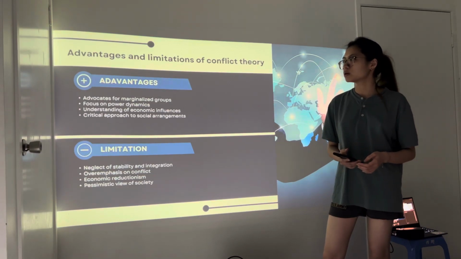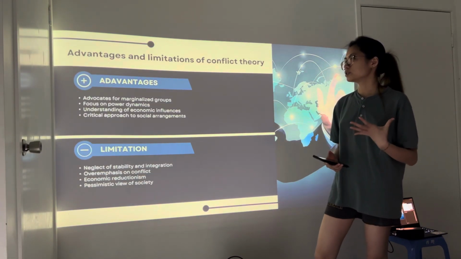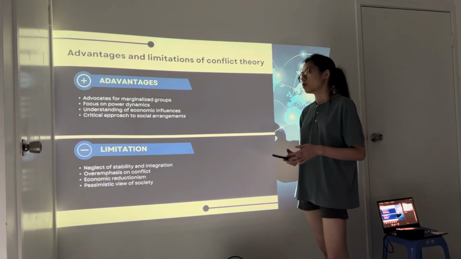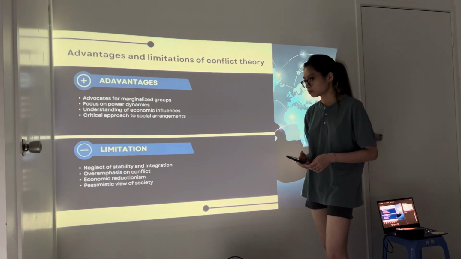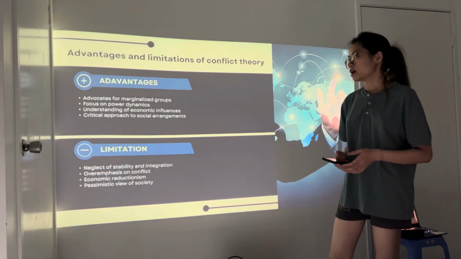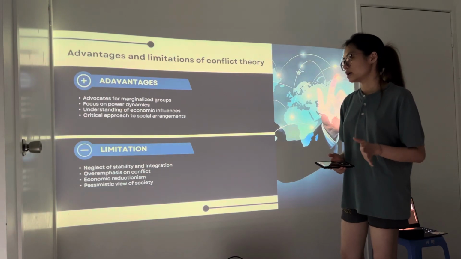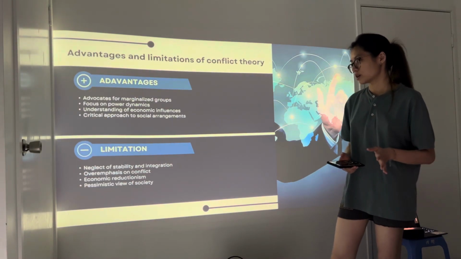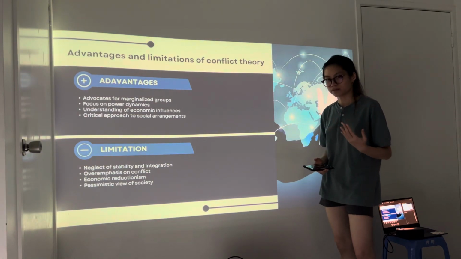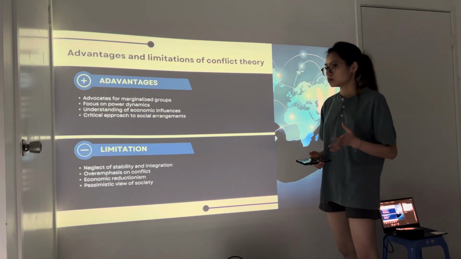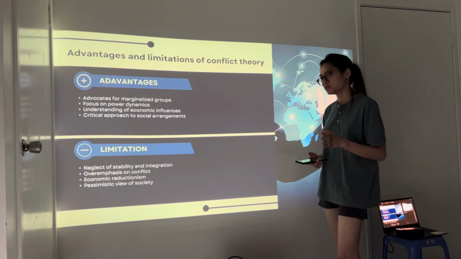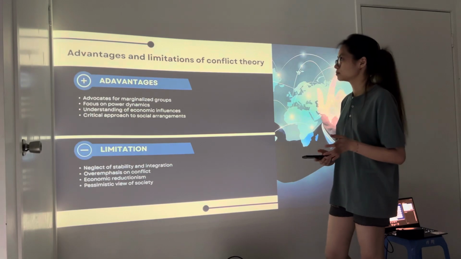It also has an understanding of economic influence and a critical approach to social arrangements. For limitations, conflict theory seems to neglect stability and integration, overemphasize conflict, reduce things to economics, and have a pessimistic view of society.